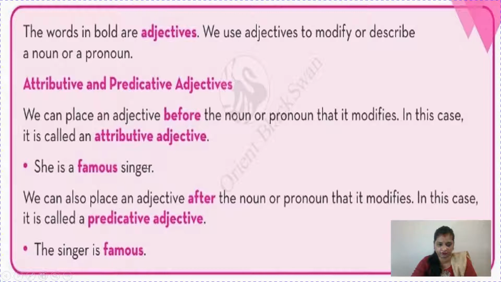So when we arrange the adjective before the noun, it becomes an attributive adjective. And when we place the adjective after the noun, it becomes a predicative adjective. Just keep in your mind one thing, let me make it easy for you. Attributive means before and predicative means after.